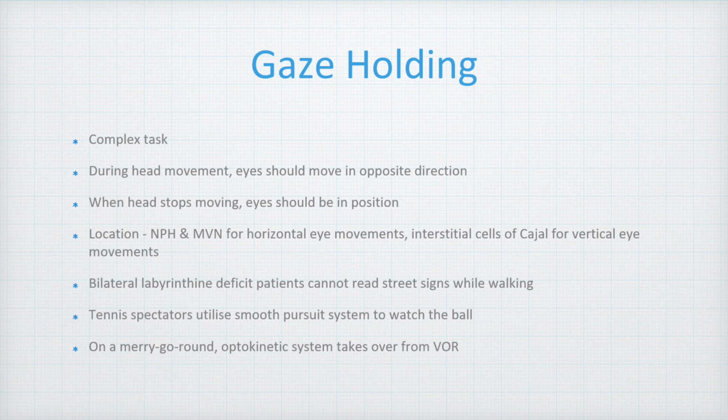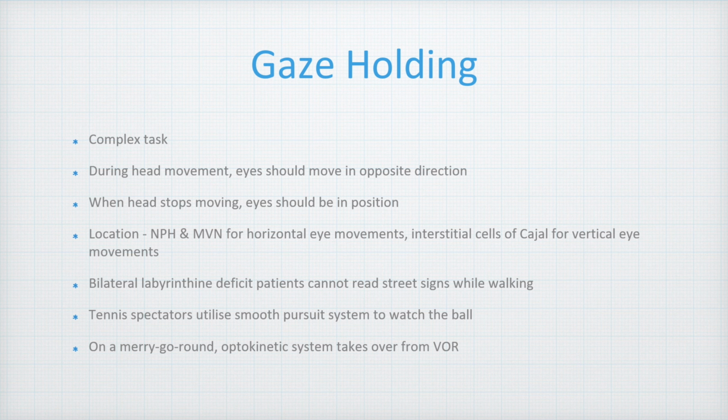However, on a merry-go-round, when the body is moving very fast, and a merry-go-round of course is an object that we are not evolutionarily adapted to, the immediate response is the vestibulo-ocular reflex, which is a high frequency response to maintain the gaze. But this fatigues after a certain point of time and is taken over by the optokinetic system, which also helps in maintaining the gaze.